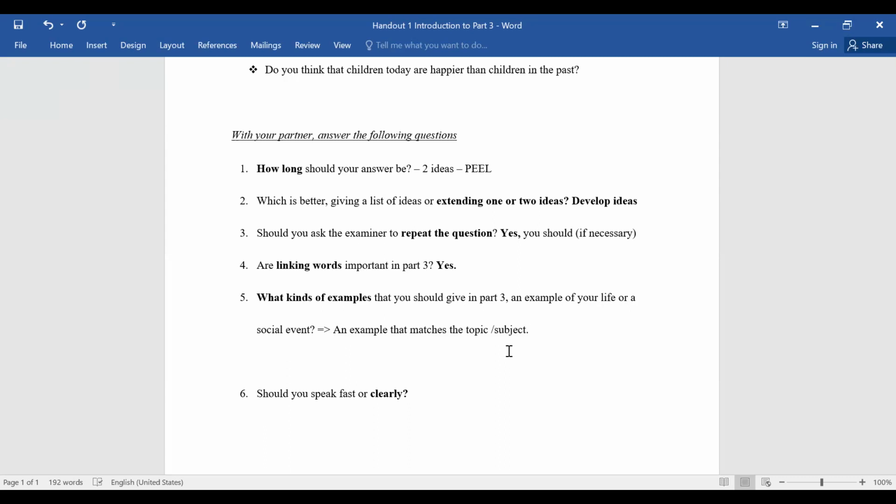Chang, one more question. I already told you that question number 5 is interesting. Now we know that you should give this kind of example, but Chang, do you always have to provide a research result, or the result of a research paper in your answer? I think we don't have to. Exactly.